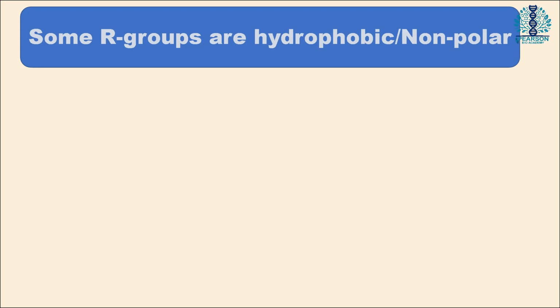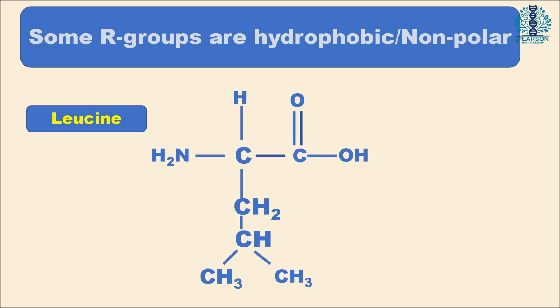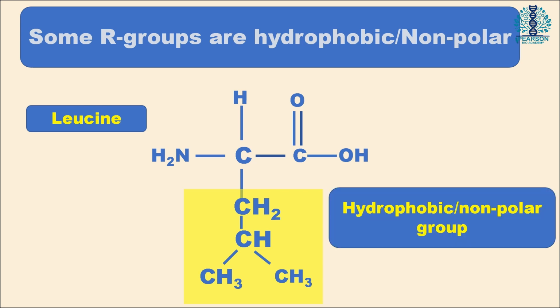Now let's tackle the characteristics of R groups and their importance. Some R groups of amino acids are hydrophobic or nonpolar. Let's take an example, leucine. In leucine, you will find the three common parts of an amino acid, and in addition, the R group contains a hydrophobic or non-polar component.